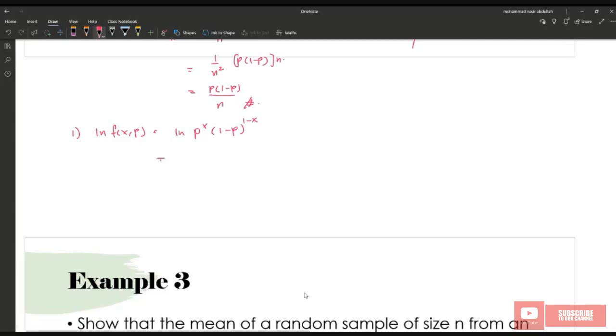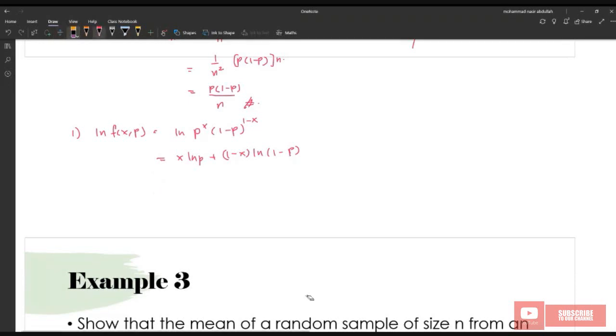So next, this one should be equal to x ln p plus 1 minus x times ln of 1 minus p, right?